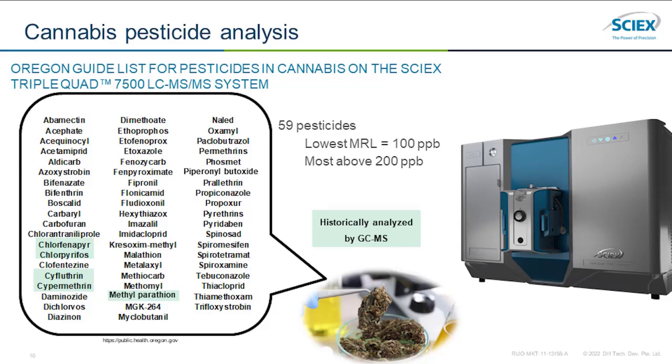If you're unfamiliar with APCI, traditionally in GCMS, you would use an ionization type called EI. Here with LCMS, the most common ionization type is ESI, and APCI is kind of what bridges the gap between the two. So it can dip into that GC world while also remaining in that LC world. It can be a pretty valuable tool for some of these more challenging compounds.